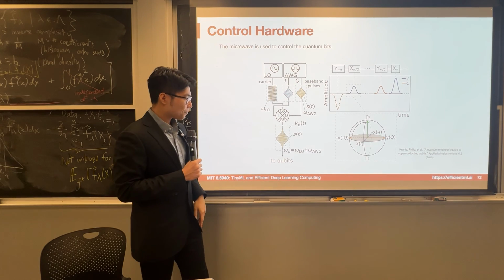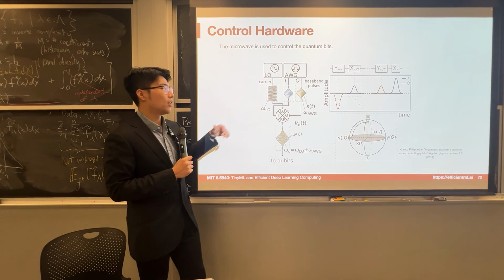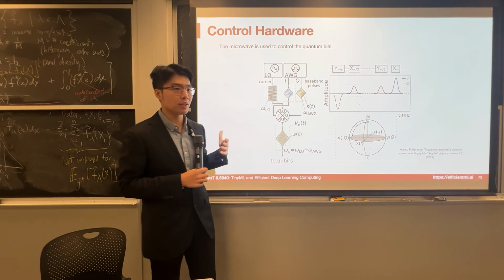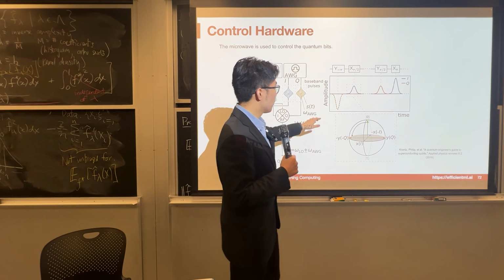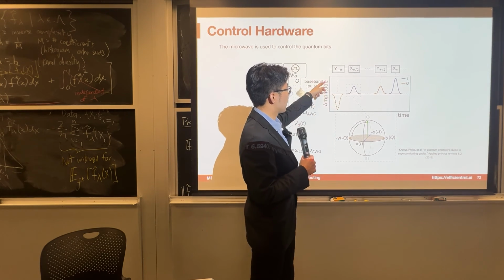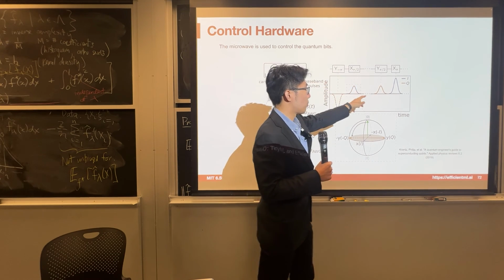The carrier's frequency is always similar to the drive frequency of the qubits, so that we can resonate with the qubits to change the state. And here we can see several different gates, like the amplitude of Y is like this, and then we have X gate and also Y gate, X gate.